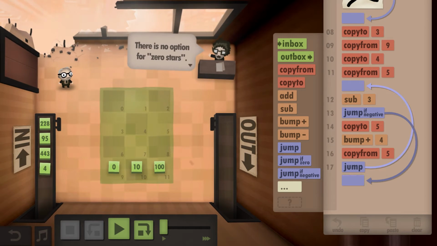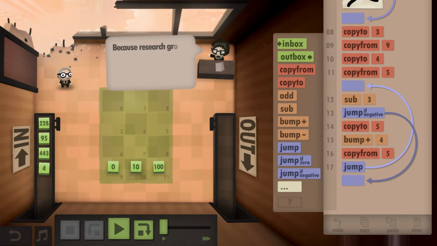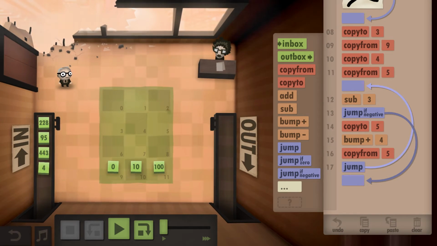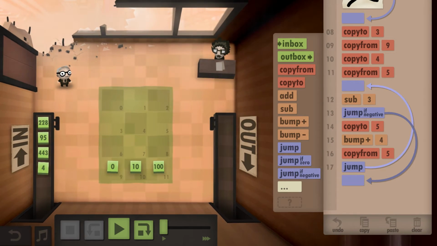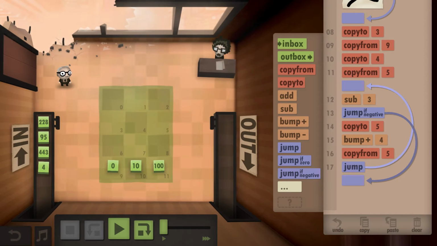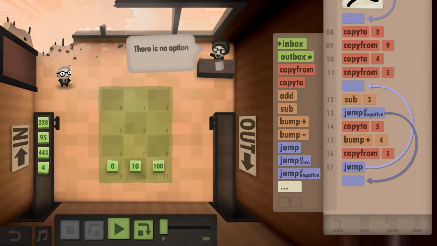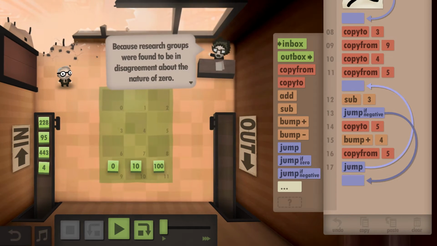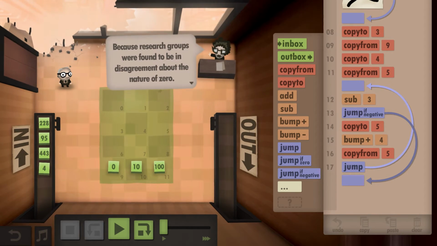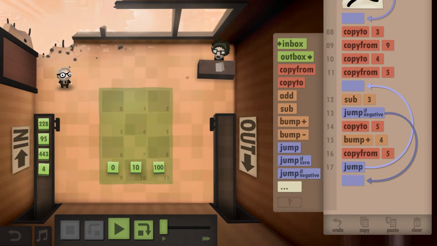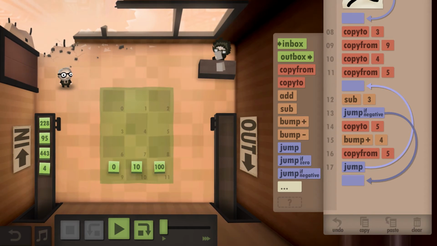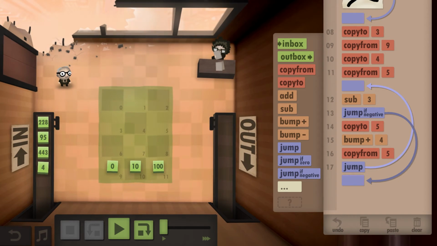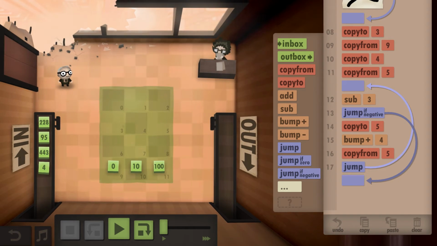And then from there, tell me more. There is no option for 0 stars, because research groups were found to be in disagreement about the nature of 0. What? Wow.